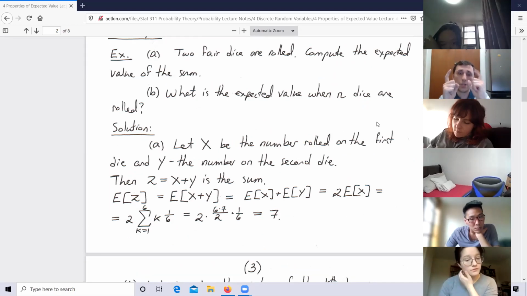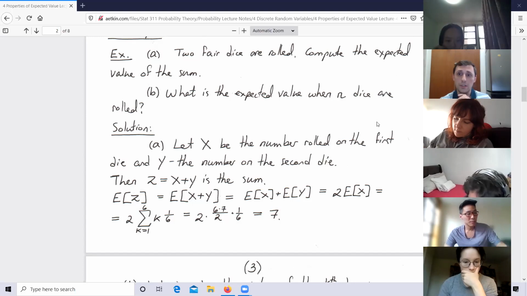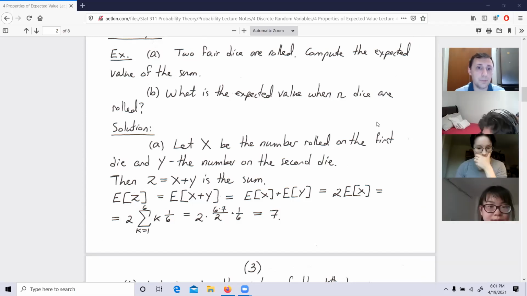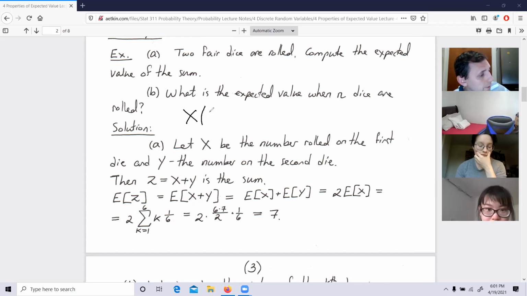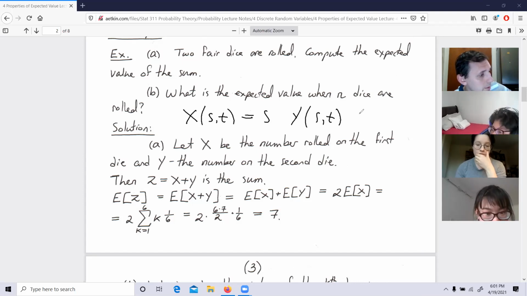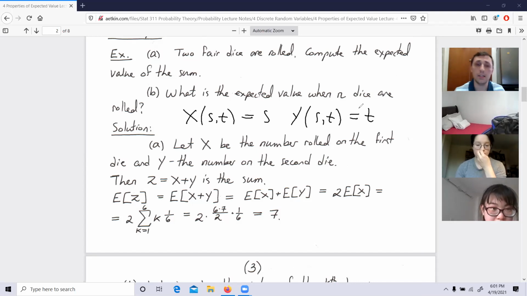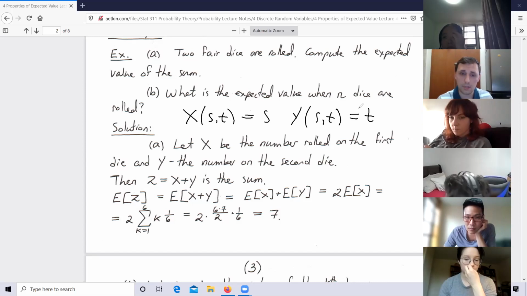X is a projection of the first coordinate. Y is the projection of the second coordinate of pairs of values. Do you agree? I mean, in terms of labeling here, you have x of (s,t) equal to s and y of (s,t) equal to t. In other words, y displays the outcome on the second die, x displays the outcome on the first die. Yes? That's our random variable.